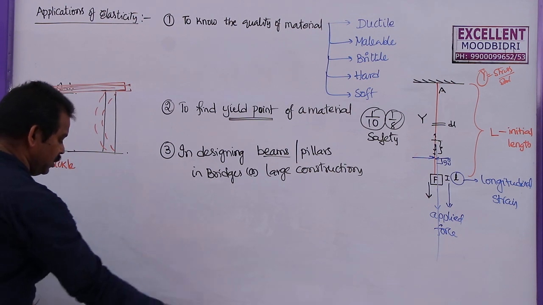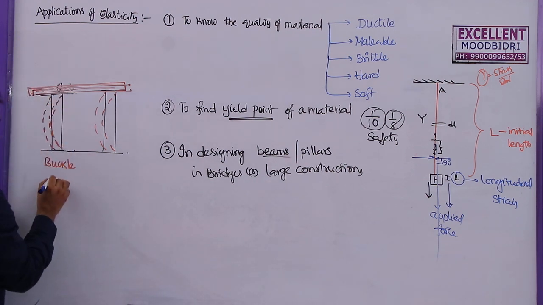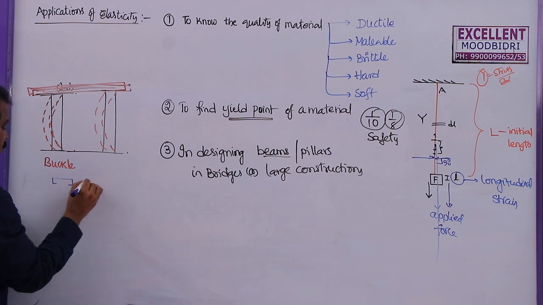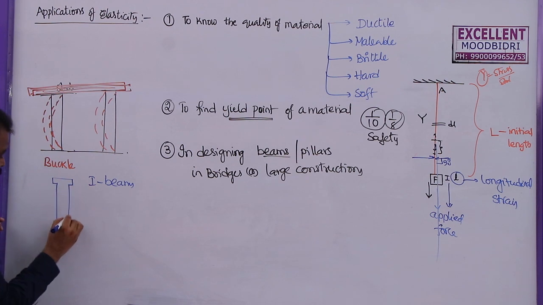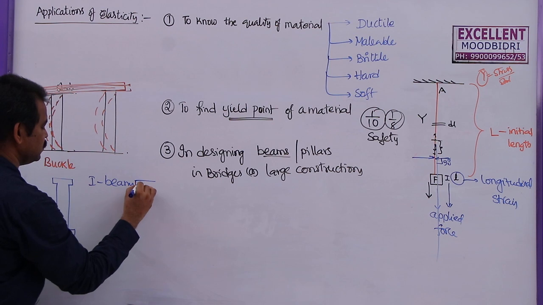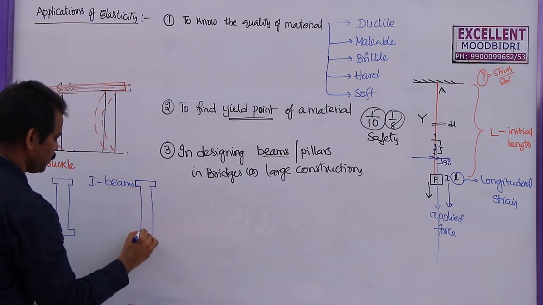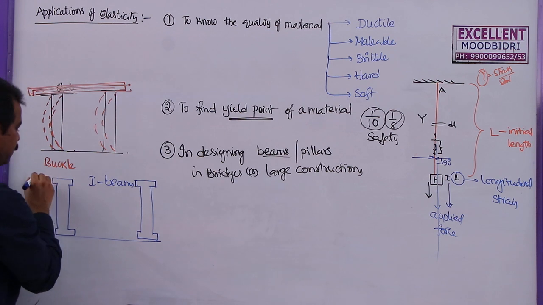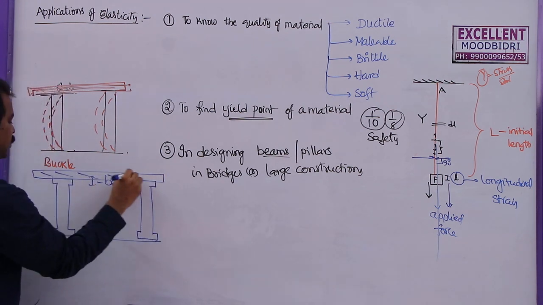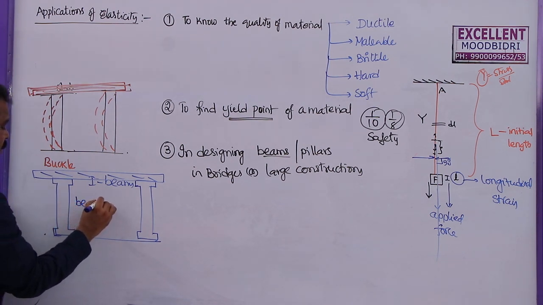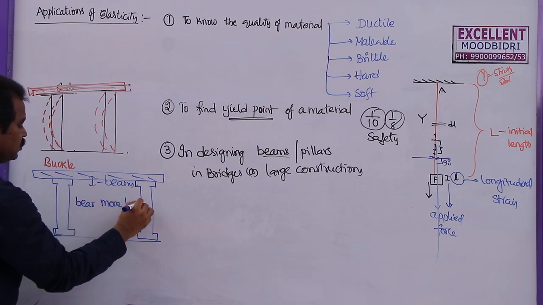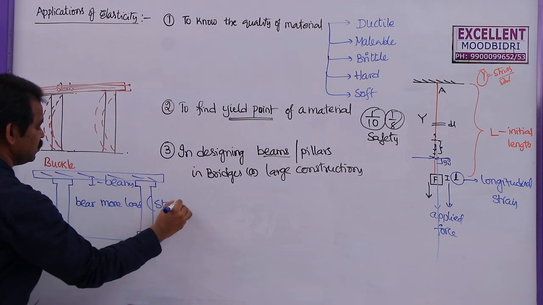To reduce this buckling, it is found that if the pillars are made into I-beams, these are called I-beams. If you construct the bridge over these, these I-beams can bear more load, that is nothing but more stress.